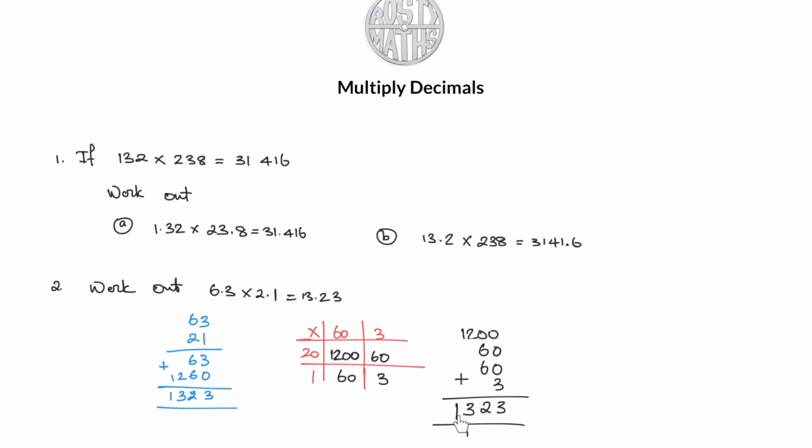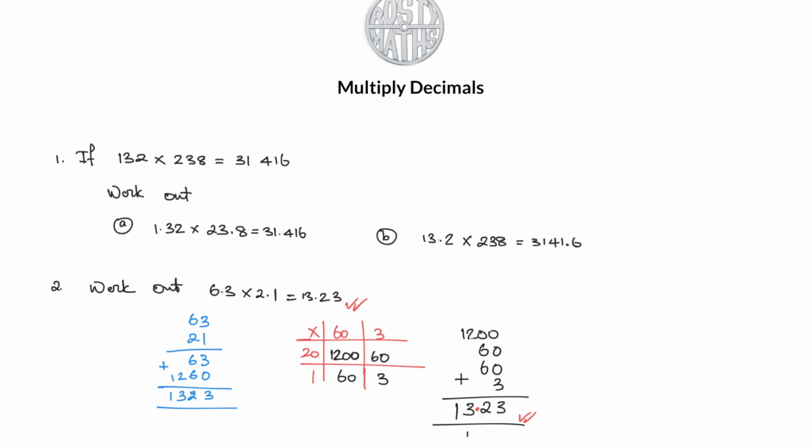And again, 1323. But because this is divided by 10 and that's divided by 10, the answer still works out to be 13.23 as there. Let me put my decimal point in. And that is the end of that.